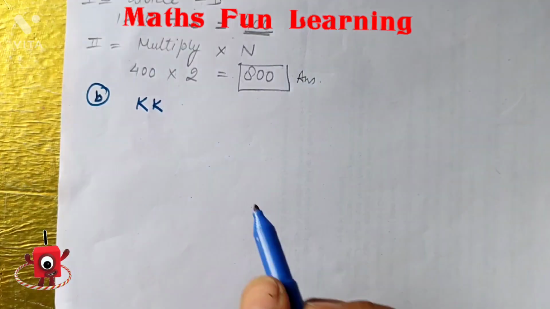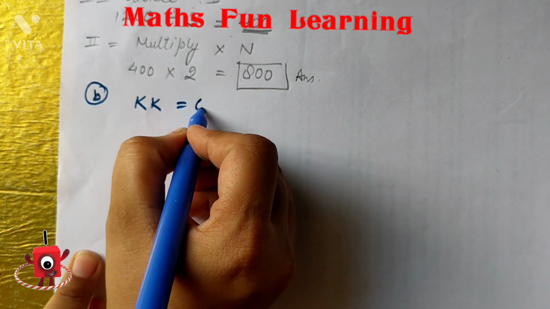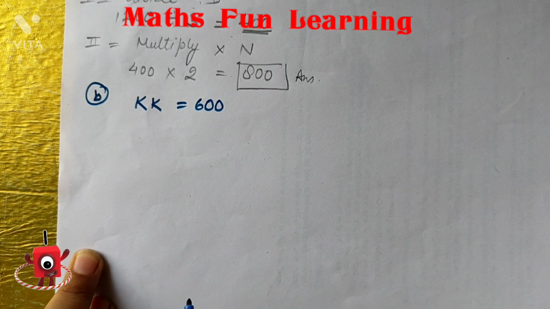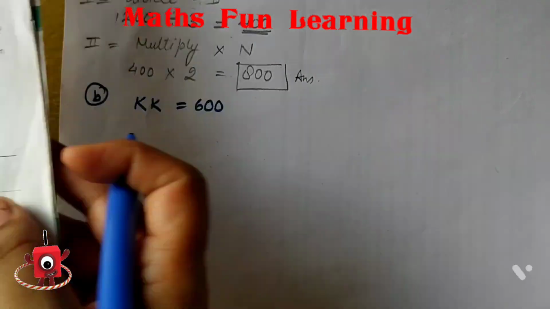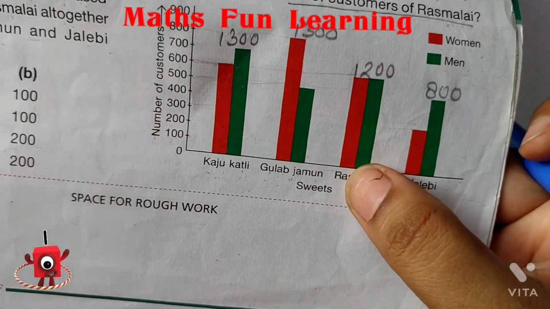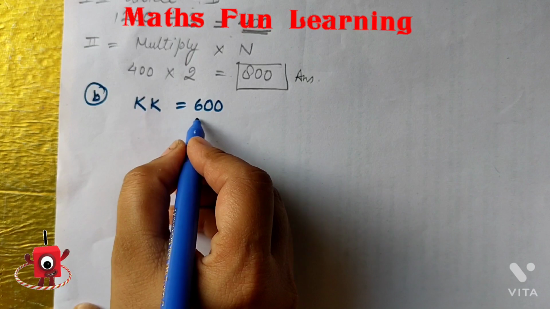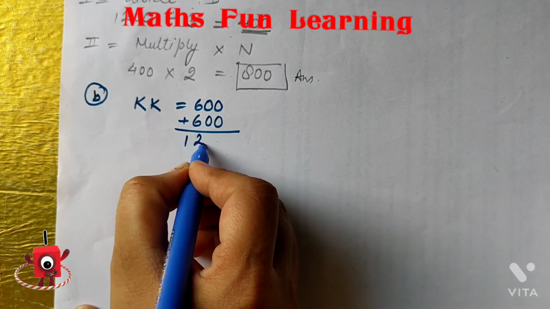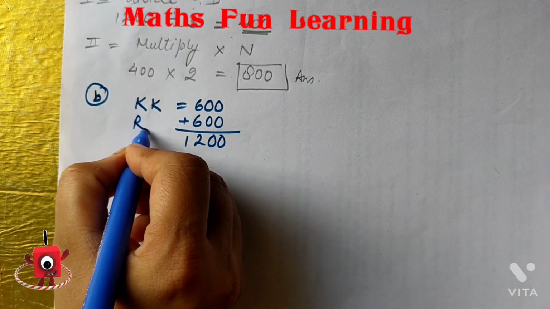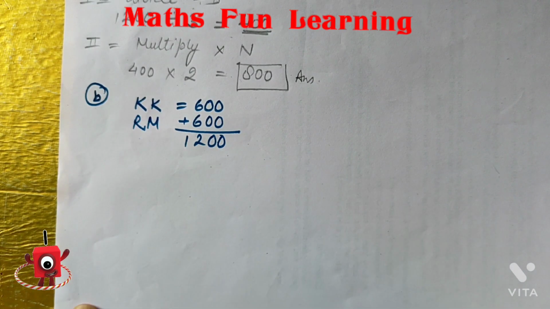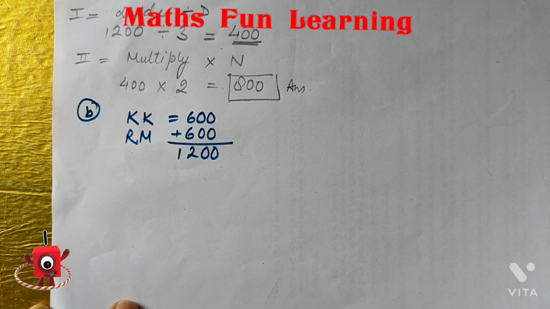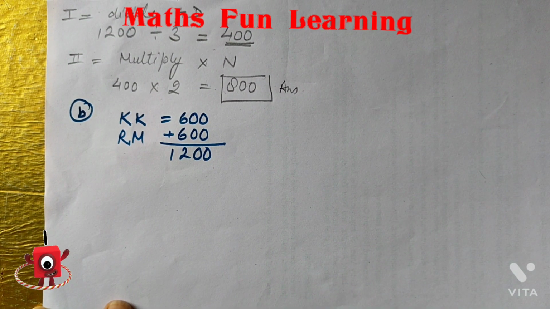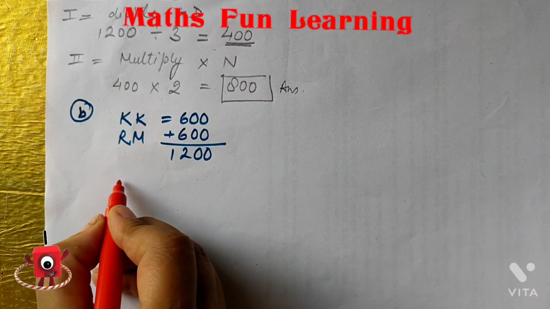So Kaju Katli is 600 and Rasmalai women are also 600, you can see in the bar graph. If you add, you will get 1200 women. Now the next is Gulab Jamun and Jalebi.